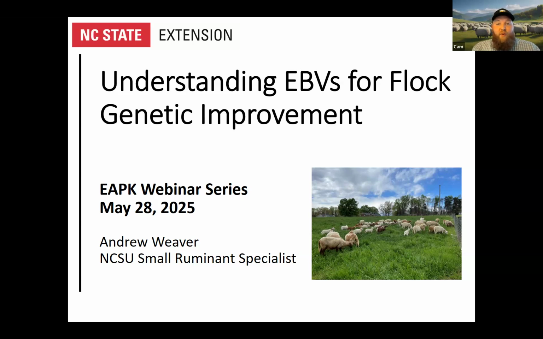And kind of the purpose of this topic, as we're heading into RAM buying season, or our sales season, what do we need to be looking at? How do we make those selections? And maybe we find a RAM with EBVs that can really improve our flock. So with that, Andrew, if you want to take it away, we're going to go ahead and get started.